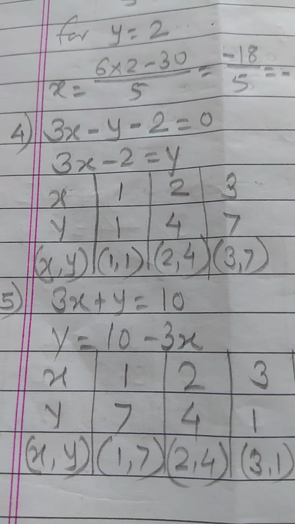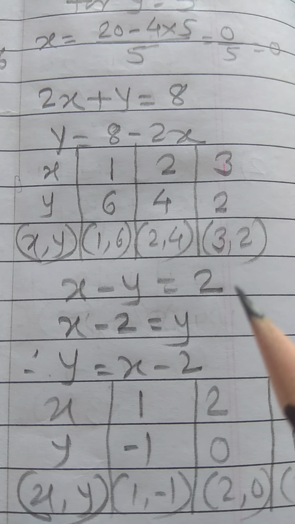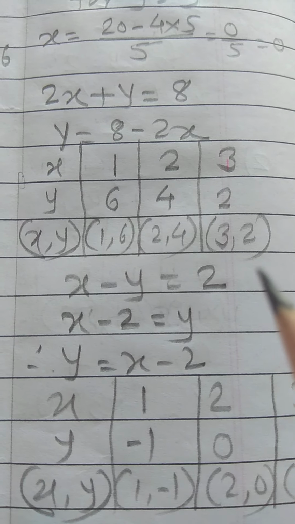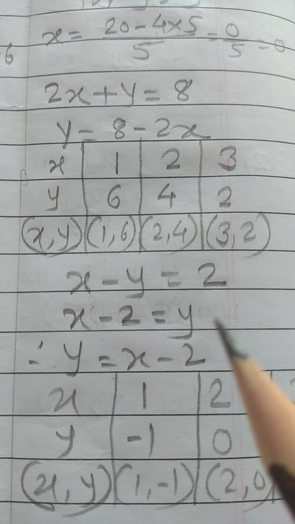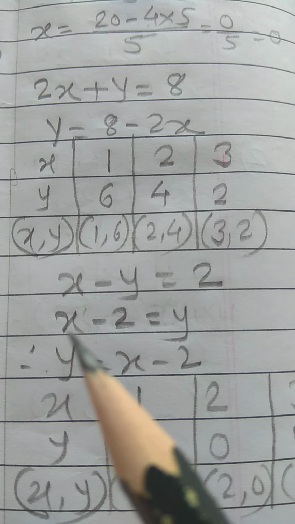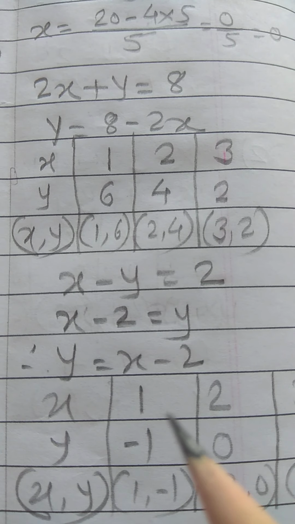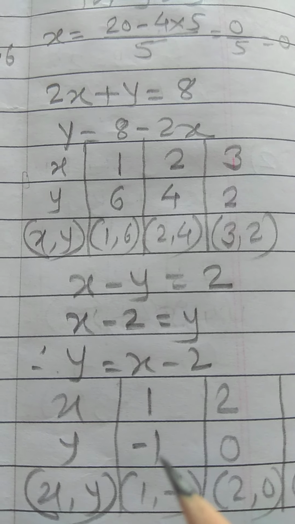The second equation given here is x minus y equals 2. You can convert it as x plus 2 will become minus 2, minus y will become plus y after going to that side. So y equals x minus 2. The value of x is 1, then 1 minus 2 will become minus 1.